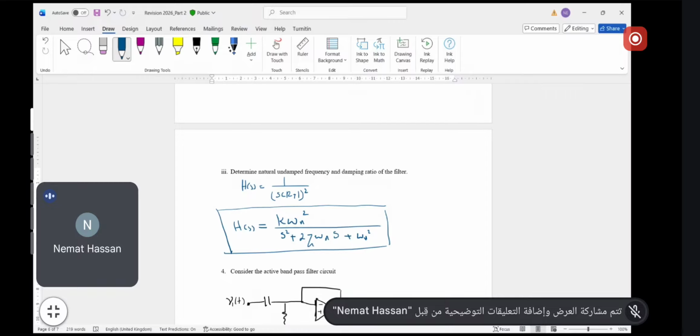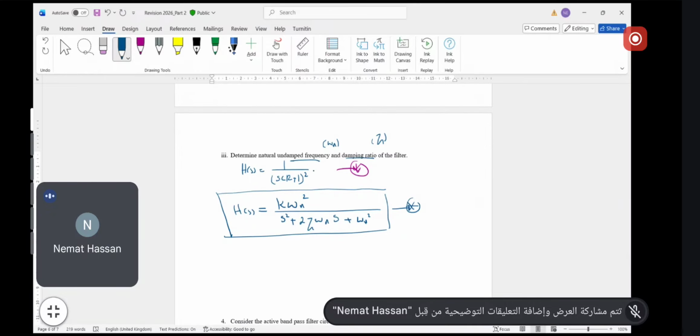And here you're asked to find the undamped frequency, which is omega n, and the damping ratio, which is zeta, right? So you have this equation and you have this equation, and all you have to do is compare them, and by comparison you can derive the value of omega n and the value of zeta, correct? So all we have to do is just take the transfer function and try to restructure it into a similar format. So I'll just have to break this power, expand the second order expression.